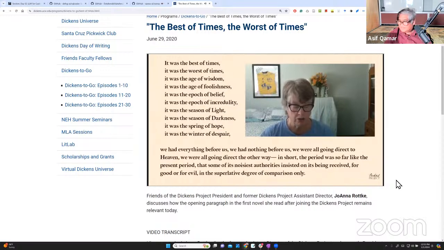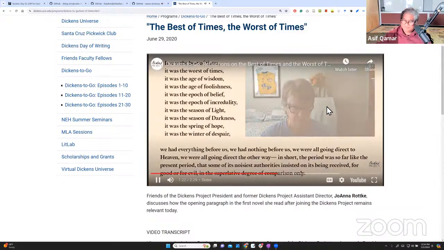We were all going direct to heaven, we were all going direct the other way. In short, the period was so far like the present period that some of its noisiest authorities insisted on its being received for good or for evil in a superlative degree of comparison only.